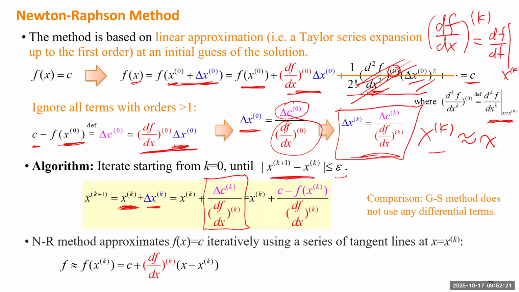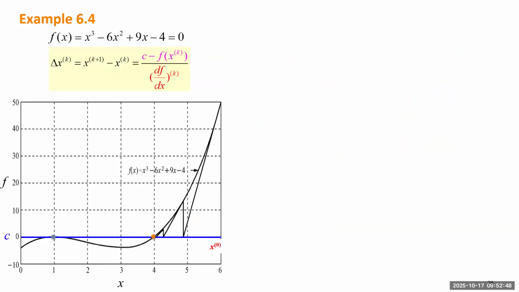You can easily prove from the iteration formula that at each step, it actually uses this straight line function with this slope and taking the value at x_k to draw a straight line to approximate the curve at that step. That gives you a better visualization of what is happening during this process.